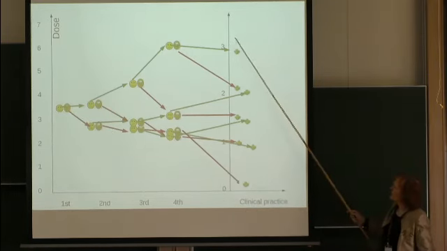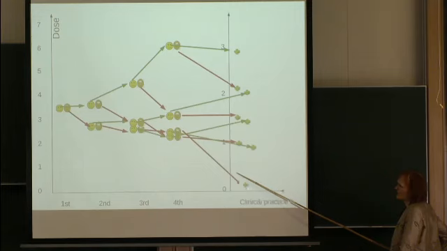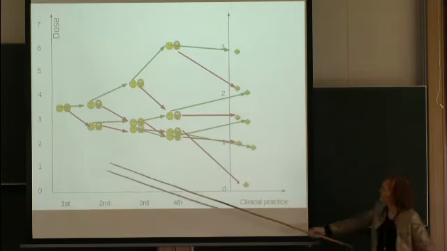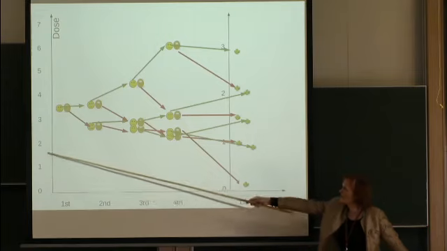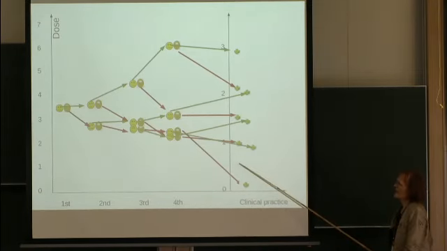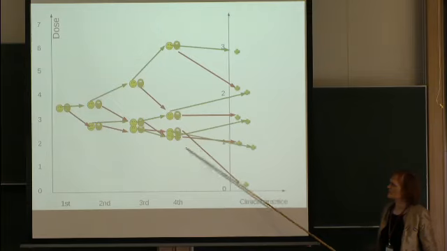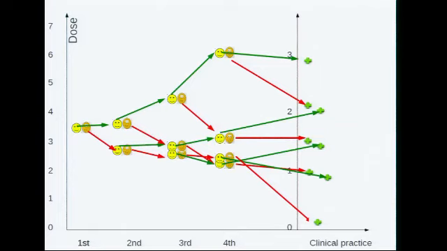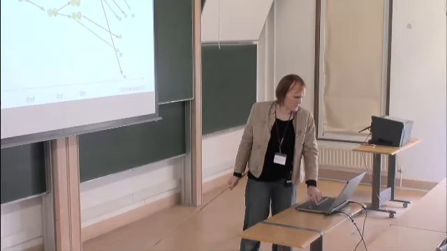As you can see here, I've put the clinical practice axis on a different scale than the trial dose level, because the dose levels will be much lower in clinical practice than the ones that we have used during the escalation phase. And that's of course a problem with robustness to model misspecification, that we will have a lot of experience with high doses. On the basis of that, we will make recommendations for lower doses.